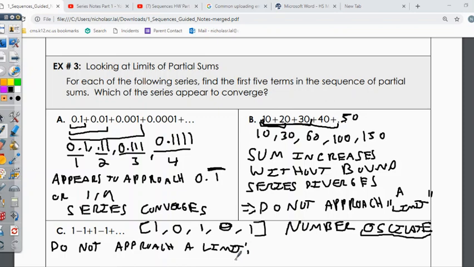Because of that, the series diverges. The series diverges with no sum.